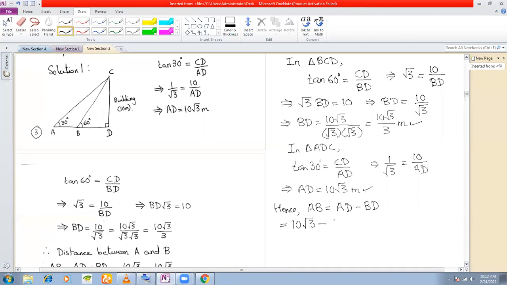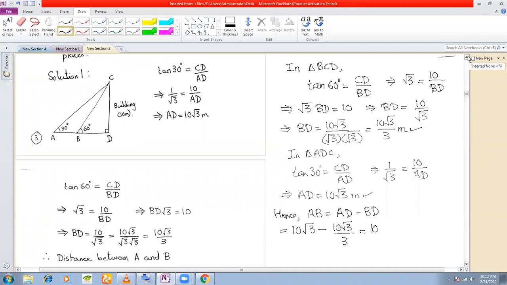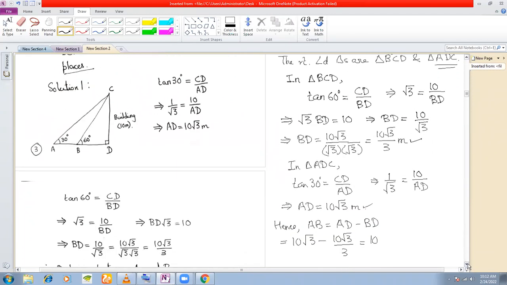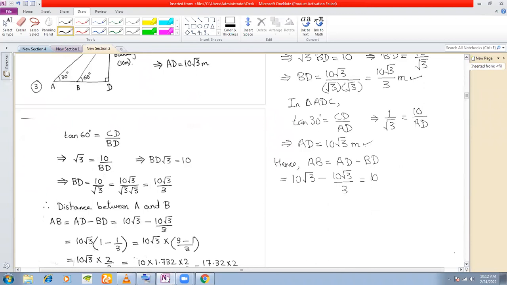And the value of BD we have found above as 10 root 3 by 3. Now we are going to simplify this, because they have said find the value up till 2 places of decimal.